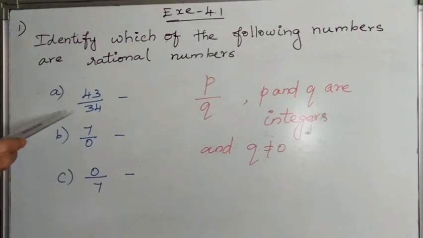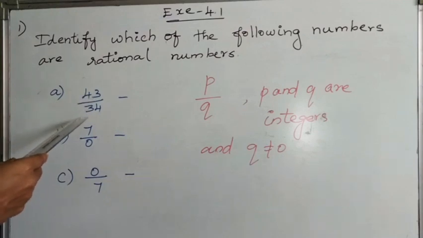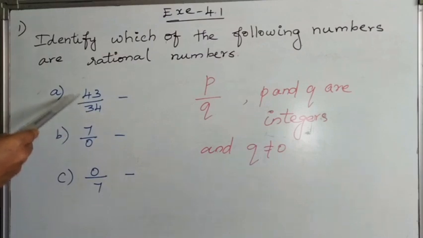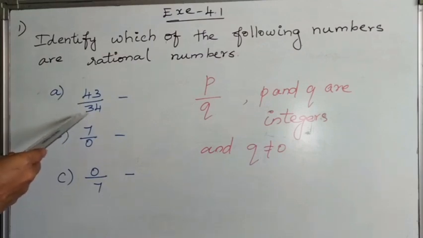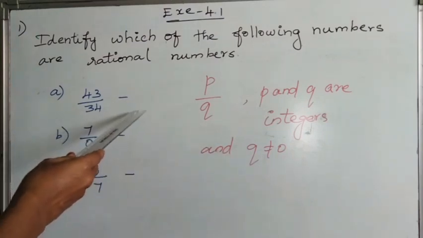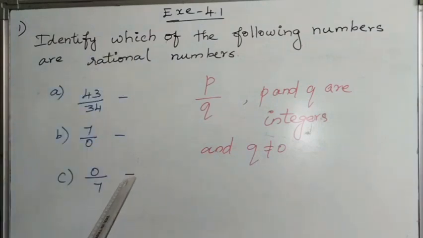See the first given number, 43 divided by 34. Both are positive integers, and the denominator is not equal to 0. So what is the answer?